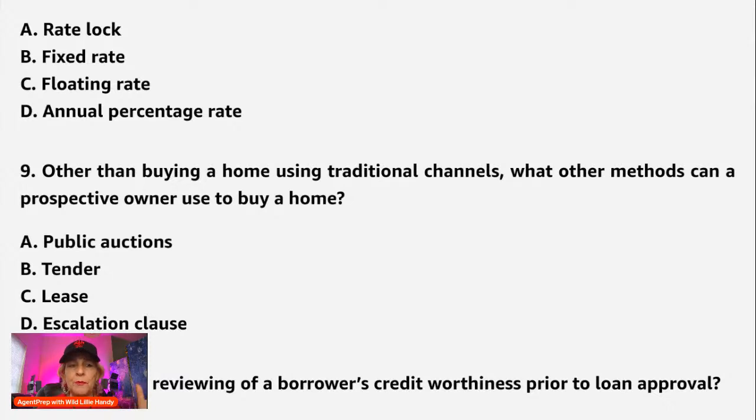Other than buying a home through the traditional channels, okay, that's getting a mortgage and buying it that way, what other methods can a prospective owner use? We're going to be experiencing some of these since the forbearance went away due to COVID.